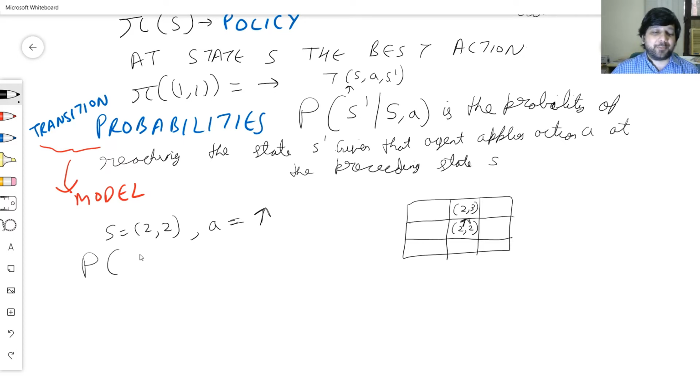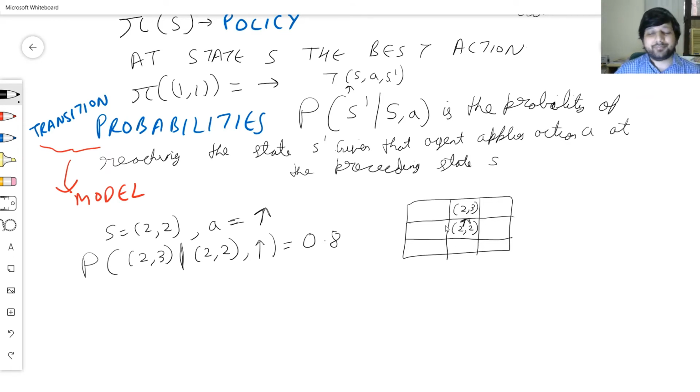So I'll say the probability that the agent goes to the correct state 2-3, given it is currently at state 2-2 and applies the action up, is equal to 0.8. And as we know, it can slip.